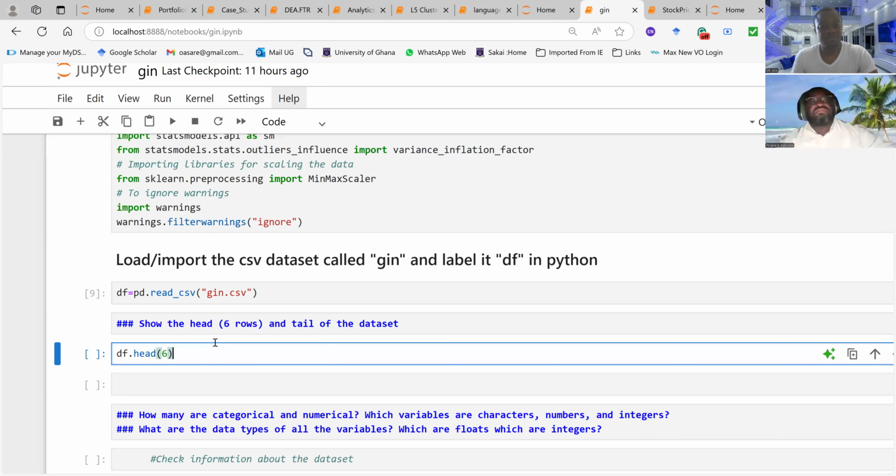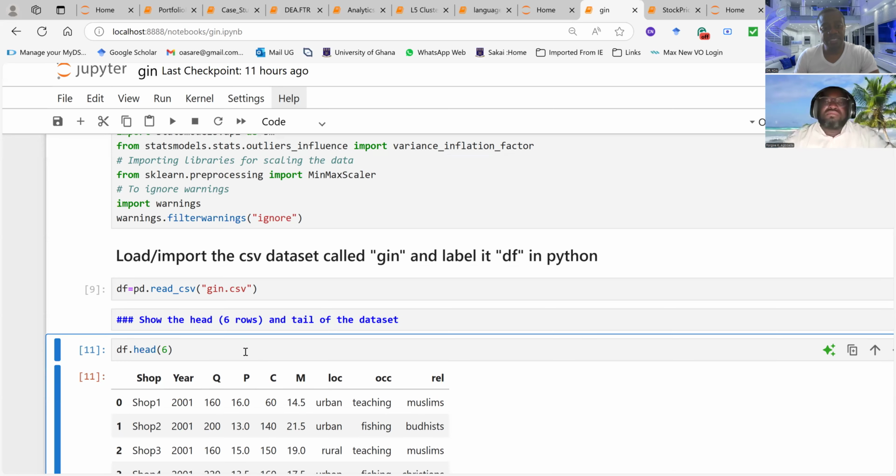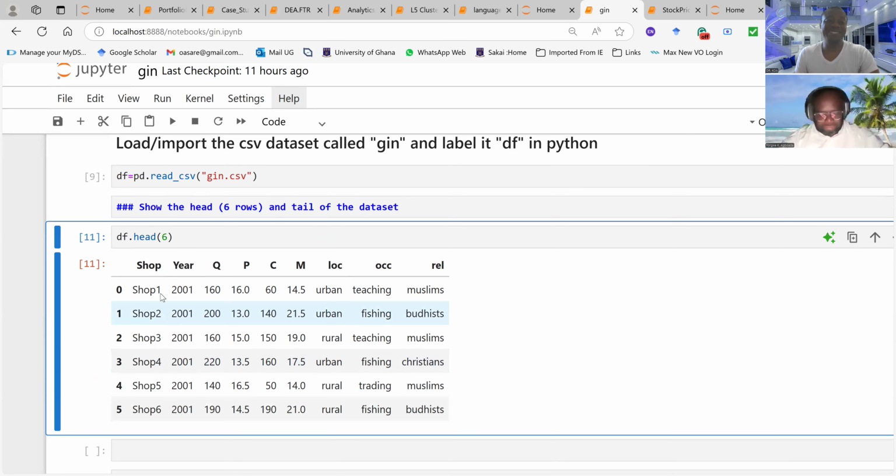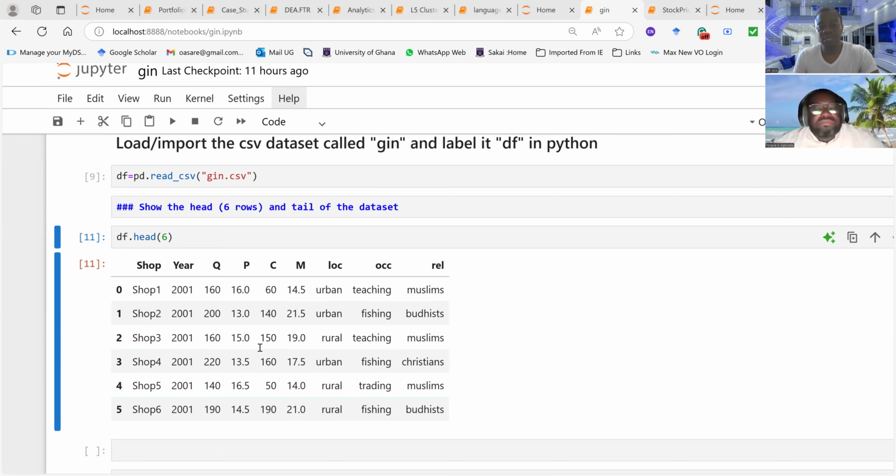Close the bracket. That's it. Now let's run that. That shows the head of the data. It's 6 rows, so 0 all the way up to 6. So this means that your data is nicely showing the way you want it.